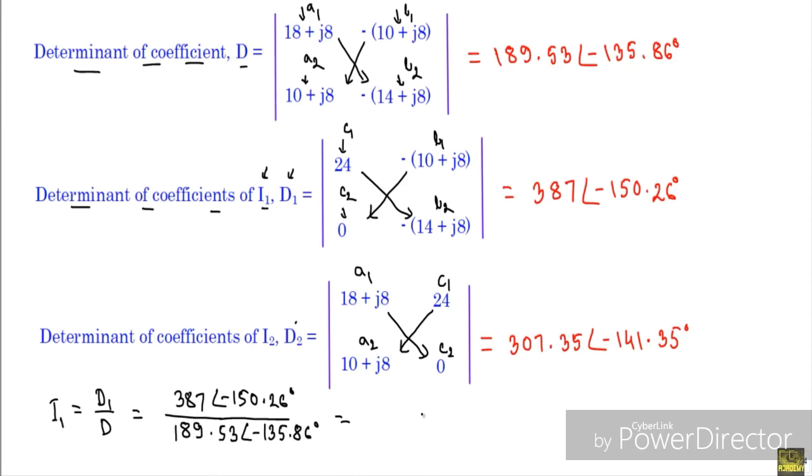That will be equal to 2.04 with phase angle minus 14.4 degree ampere.